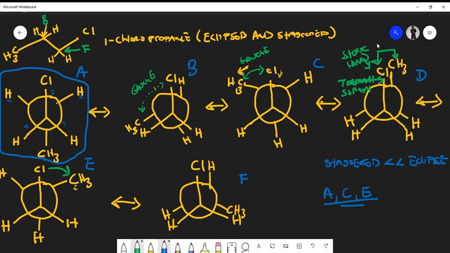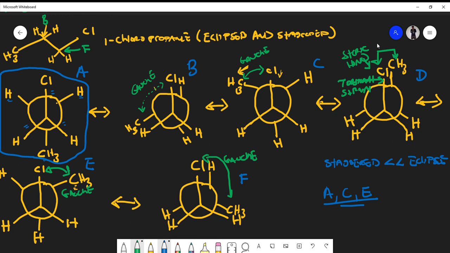This is what you should expect to be another Gauche interaction, 60 degrees apart between 2 non-hydrogen groups. Okay. This is another Gauche interaction, 60 degrees apart between 2 non-hydrogen groups. And so we spoke about Gauche interaction.